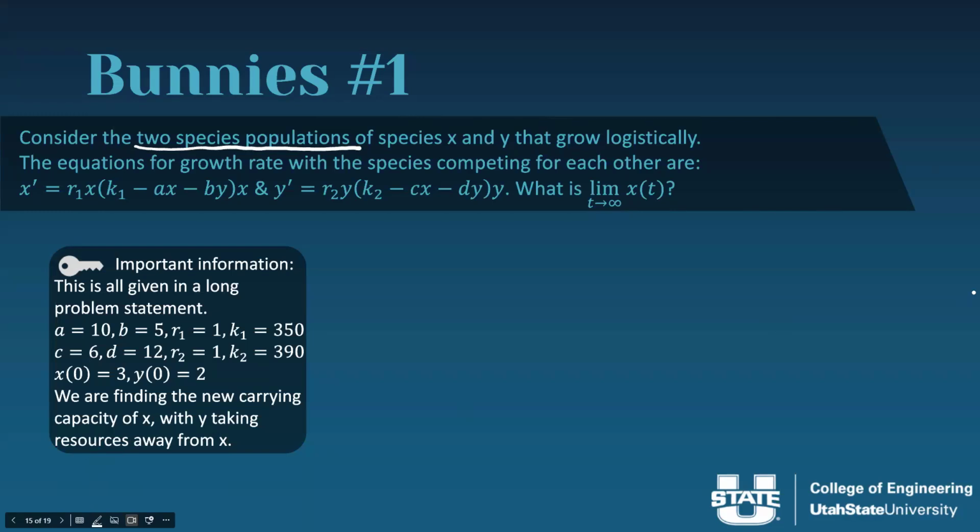Okay, consider two species, X and Y, that grow logistically. The equations for growth rate with the species competing with each other are modeled by these equations. And we want to know what is the limit of species X as time goes further and further on.